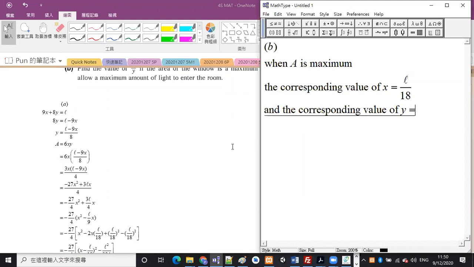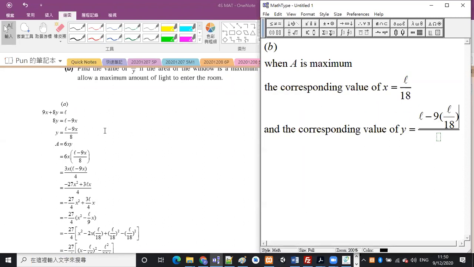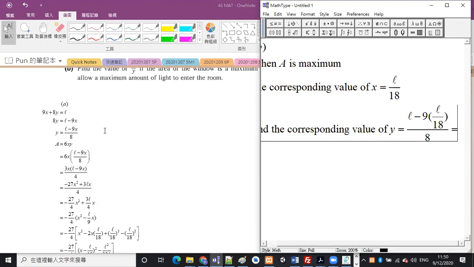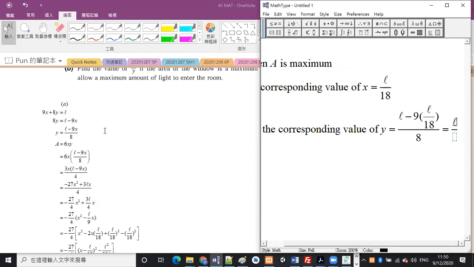How to find y? y can be found by this formula. You remember this? y is equal to (L minus 9x) divided by 8. Okay, so that should be L minus 9 times x divided by 8. Okay, and that should be L over 16. Am I correct? Yes.